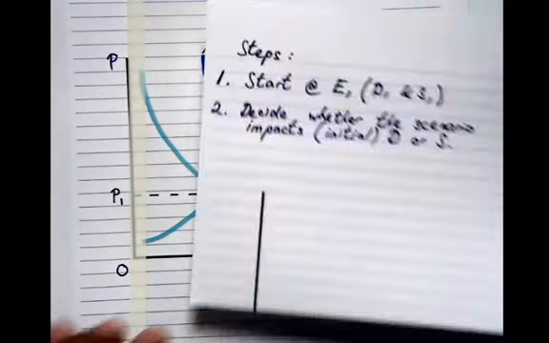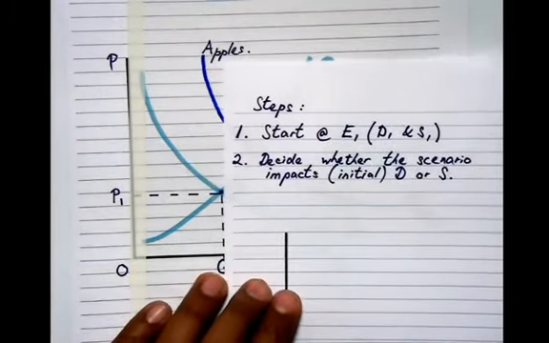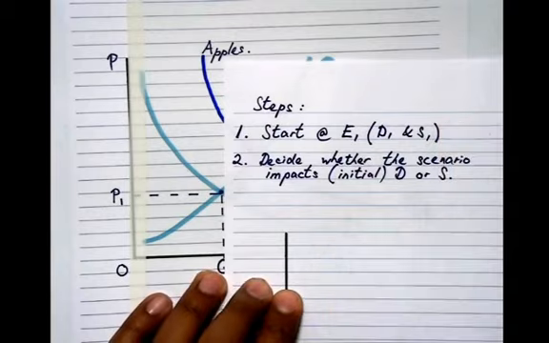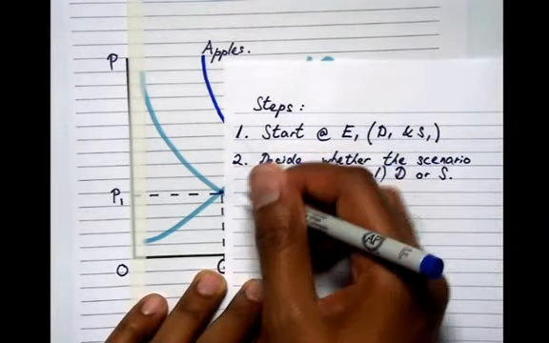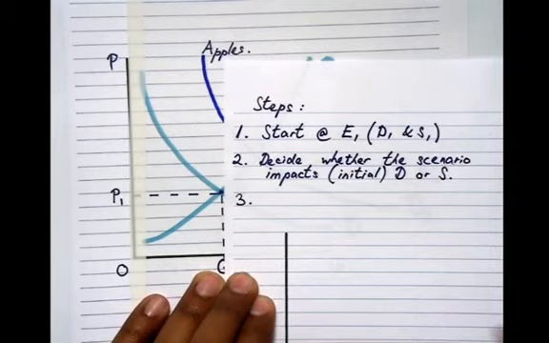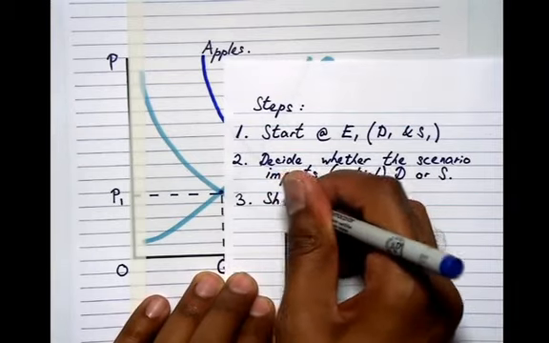So, step 1, you start at the initial equilibrium. Step 2, decide which curve is going to shift. Then the third step is shift the relevant curve.